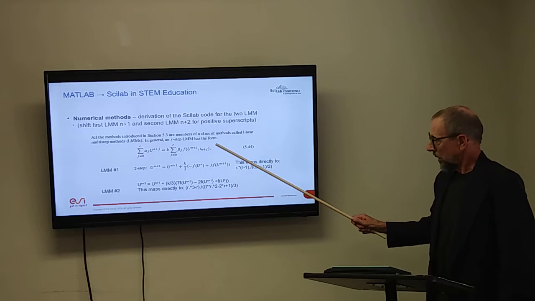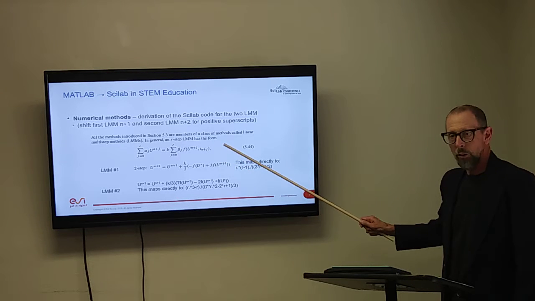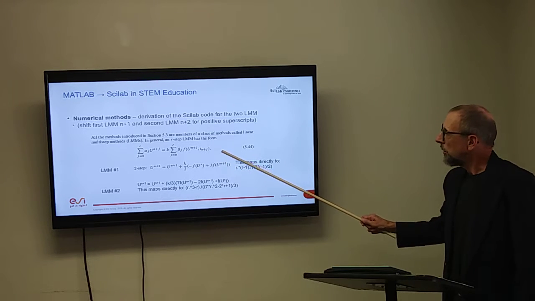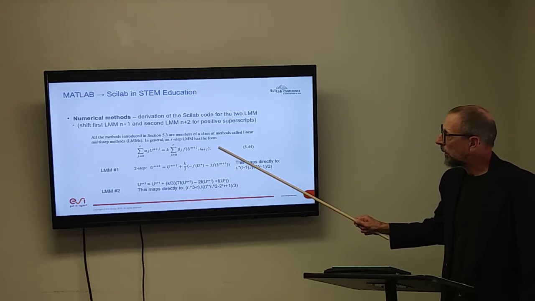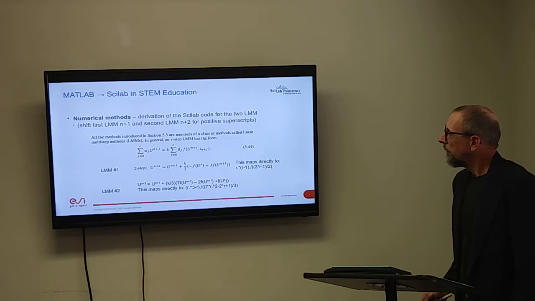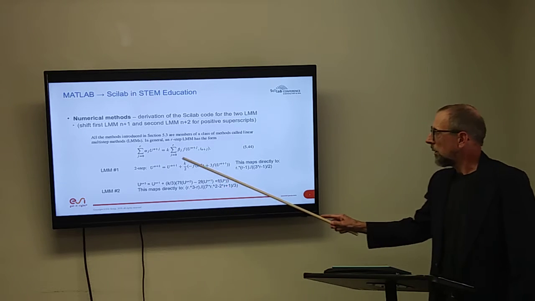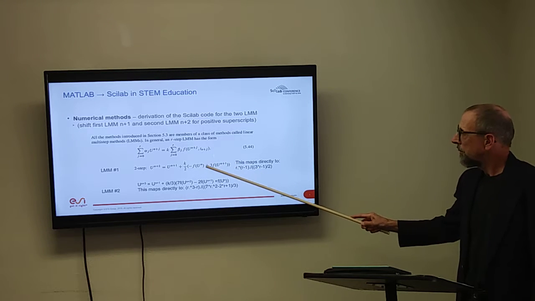So this is understanding the method used. It doesn't have anything to do with the coding, but to understand how to code effectively, the method needs to be well understood. So this is a general method for linear multi-step method.